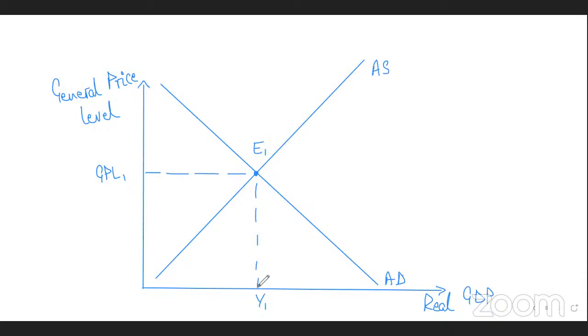Now, this graph is showing us the equilibrium in macroeconomics. If this is for Pakistan, India, China, whatever country you want to think about, based on the total demand for all goods and services in that country, aggregate demand, and the total production or supply of goods and services in that economy, an equilibrium will be reached, which is this point.